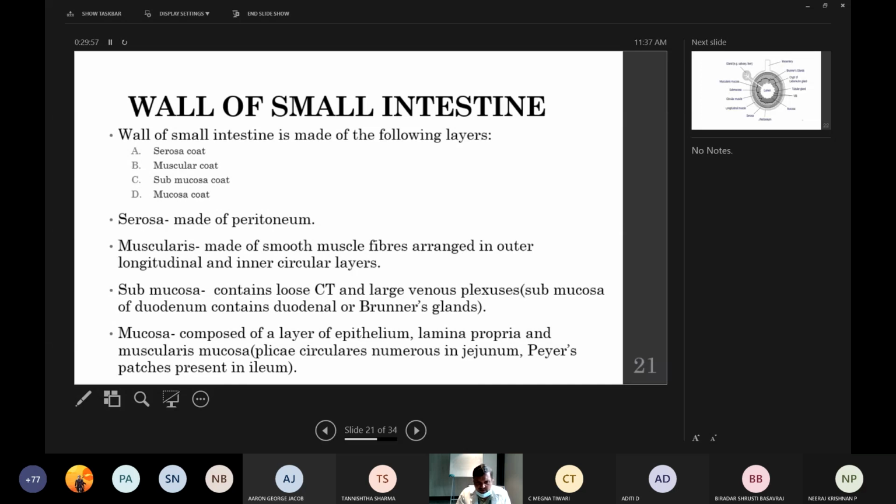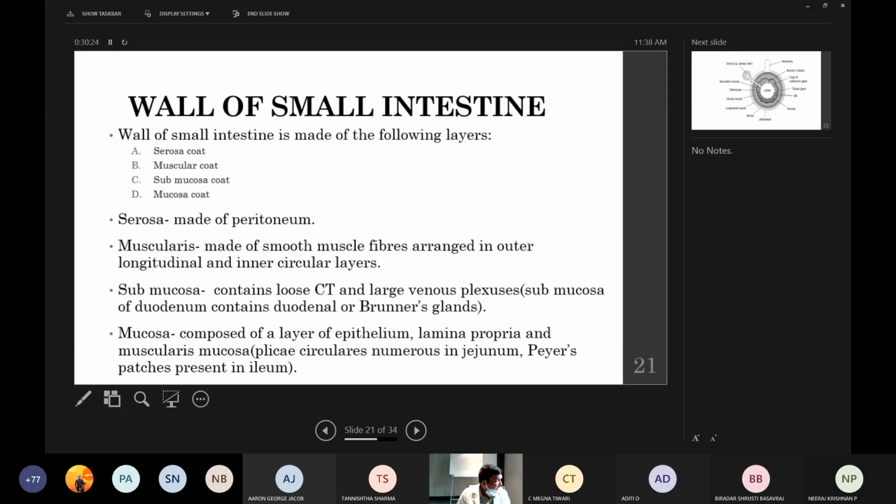Mucosa is composed of a layer of epithelium. The lining epithelium of GIT is lined by which epithelium? Anybody? Whole GIT is lined by which? What is the lining epithelium of GIT?